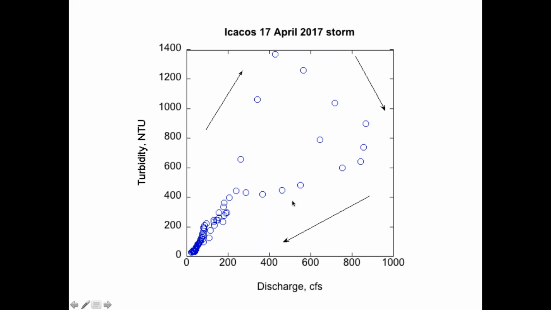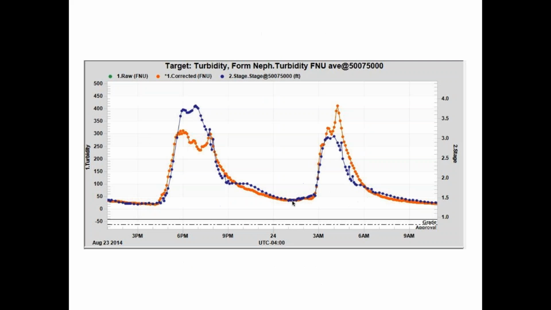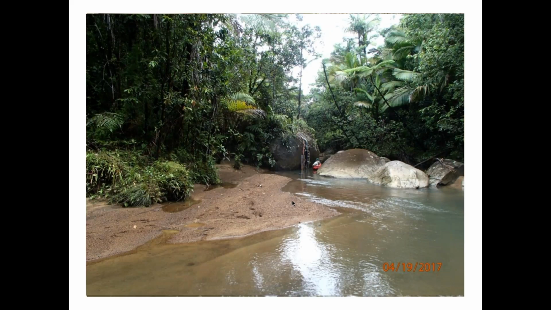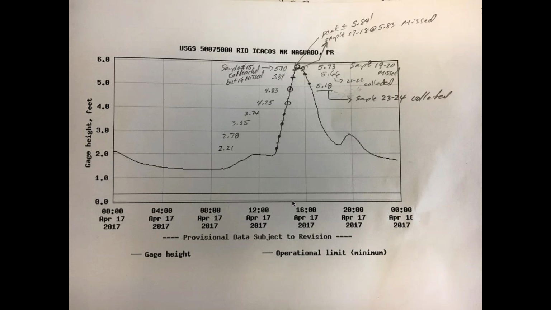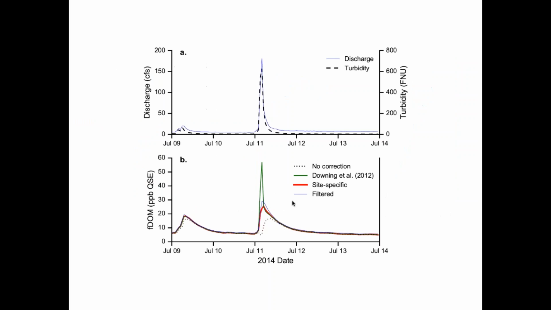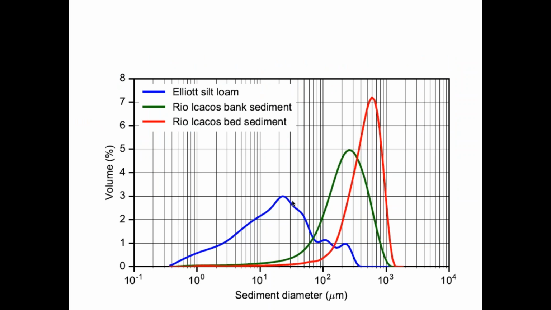And so when you presented the particle size distributions, those were just from the bed and the bank of static grains after the flow, right? Well, this was just some random time that Angel went out and got sediment. It wasn't in response to any particular event. Right.